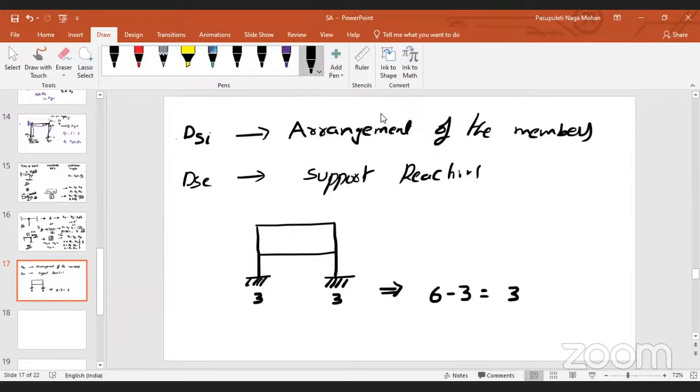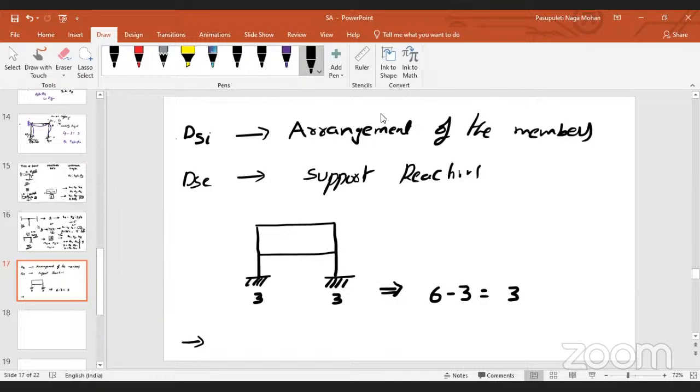So 3 unknowns are there, isn't it? Now let us assume that you know the support reactions. If you know the support reactions, can you find out all the internal forces in the members or not?